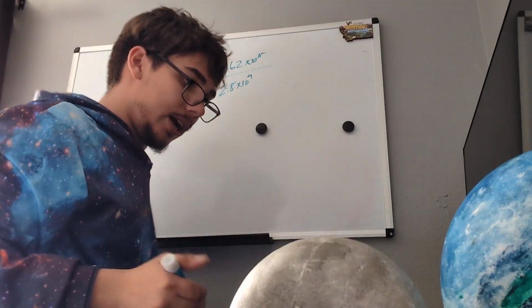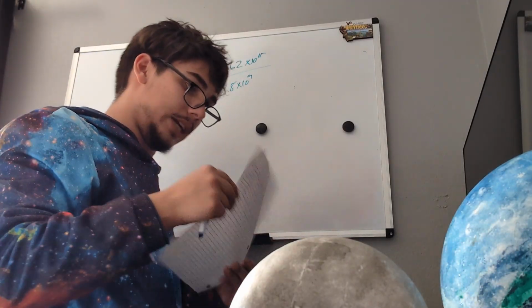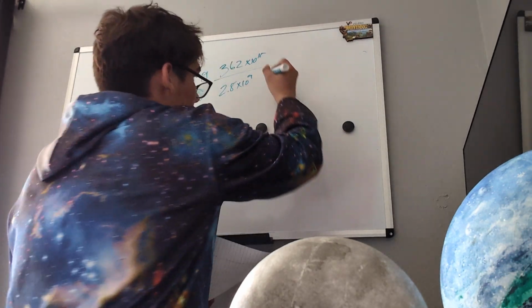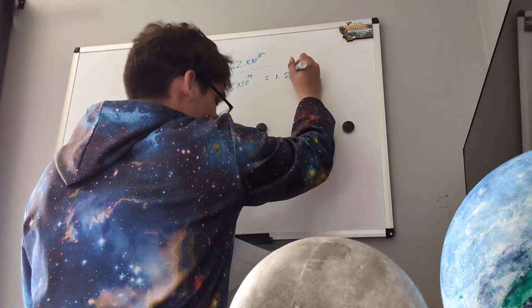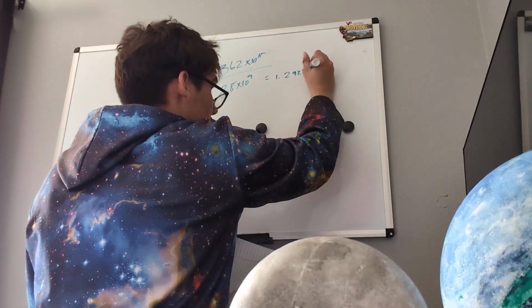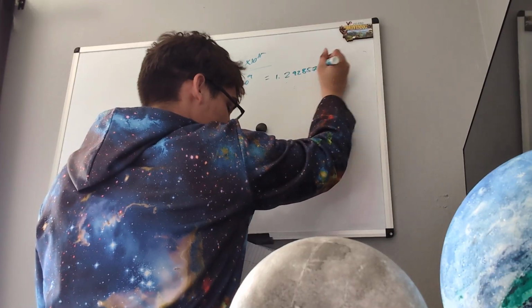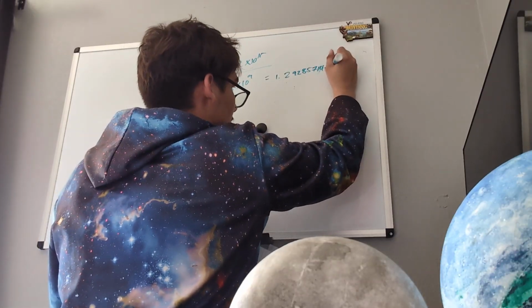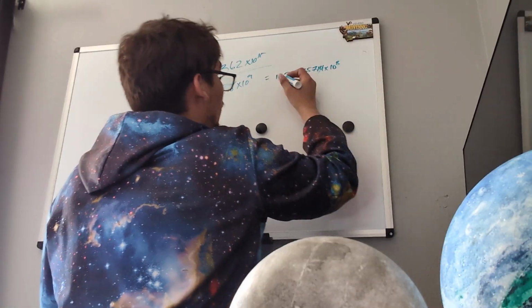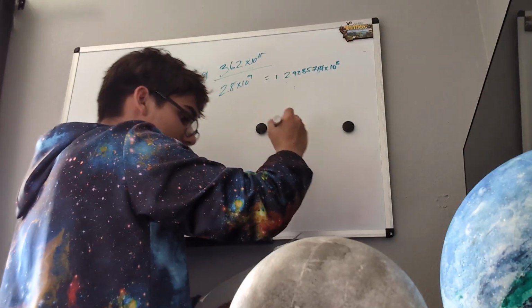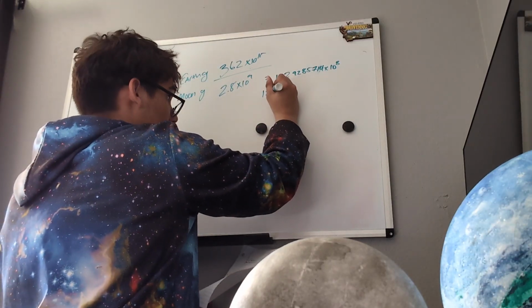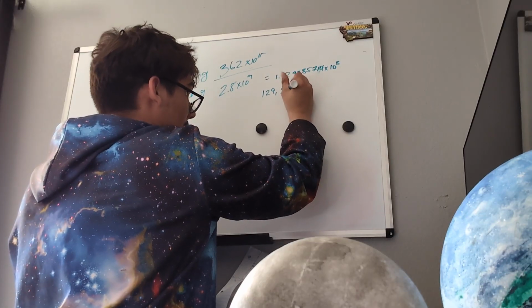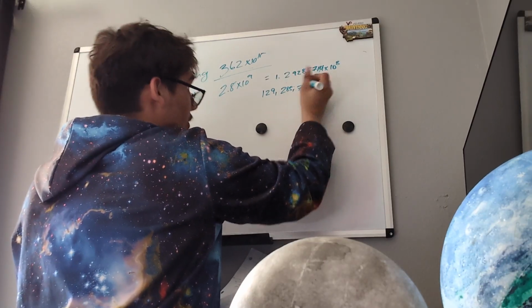And then we want to understand the actual total behind it. That will get us to 1.29285714 times 10 to the 8th power, which is 129,285,714.